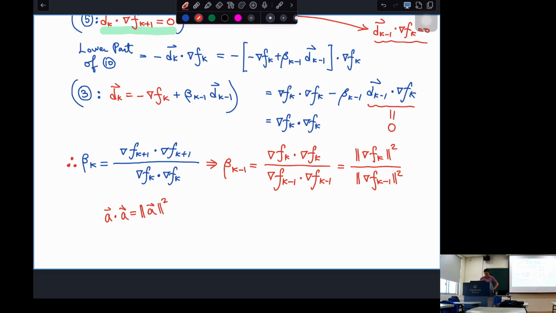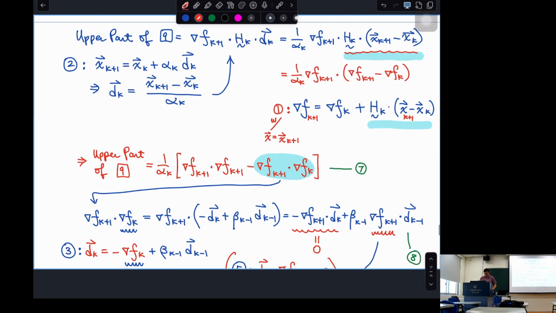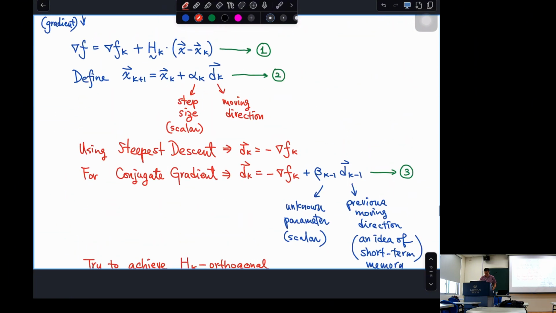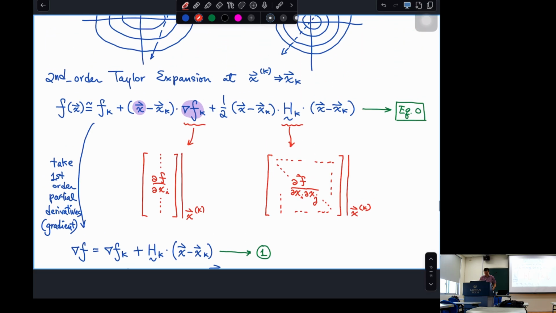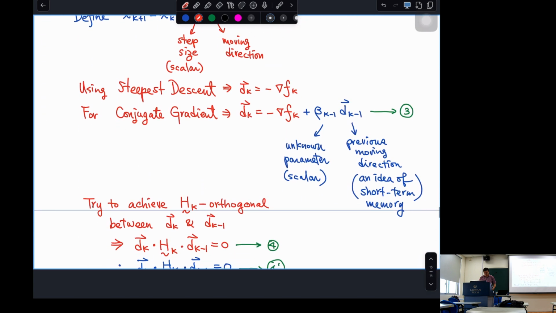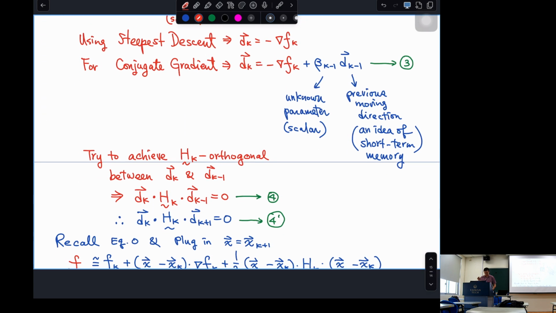So back to the very beginning. What happened? We tried to find out, is there a way that we can define the so-called conjugate gradient so that dk and dk minus 1 could be orthogonal?